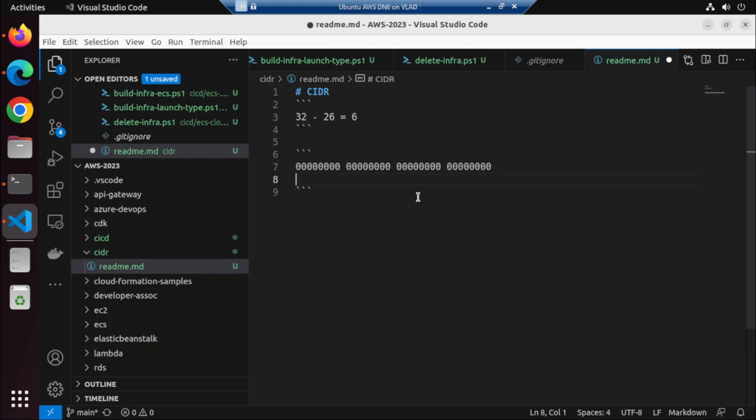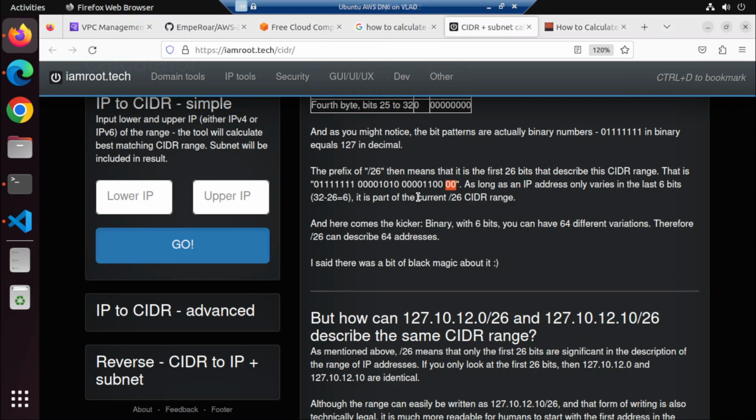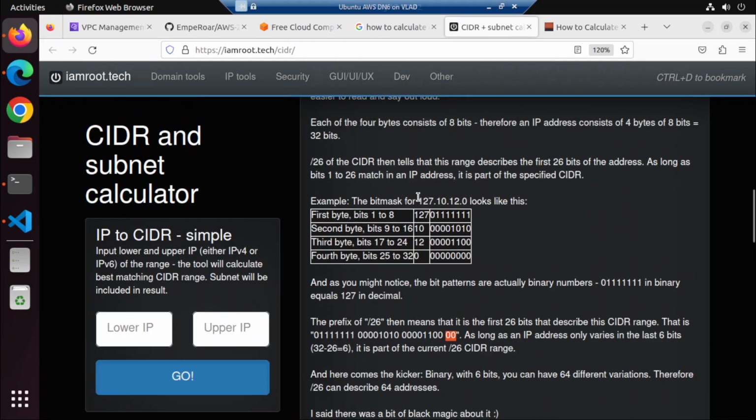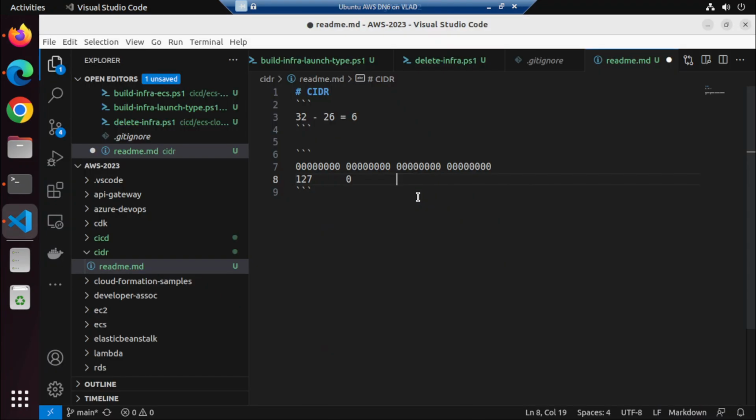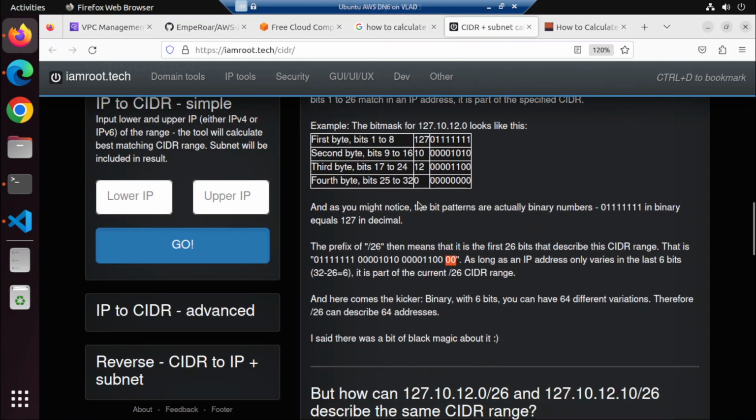So for example, 127.10.12.0. In binary, it will be like this.